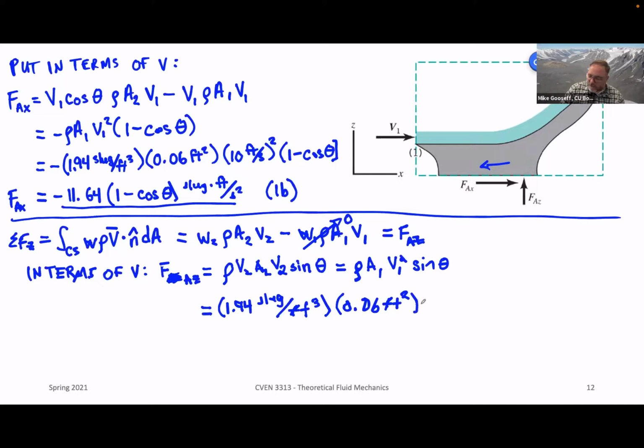Then we multiply by V1, which is also going to be a quantity squared, so 10 feet per second, that quantity squared, and then times the sine of theta.